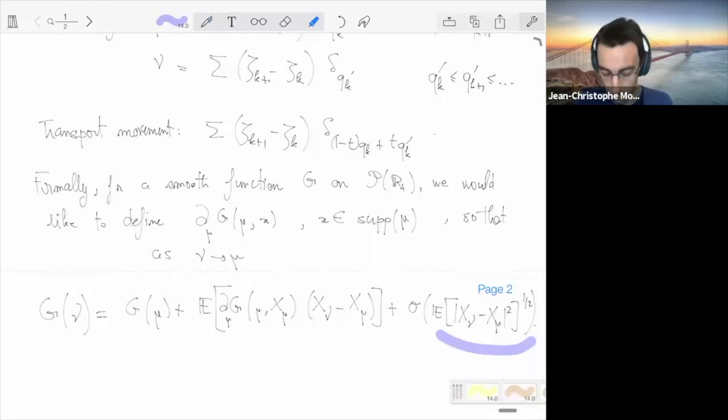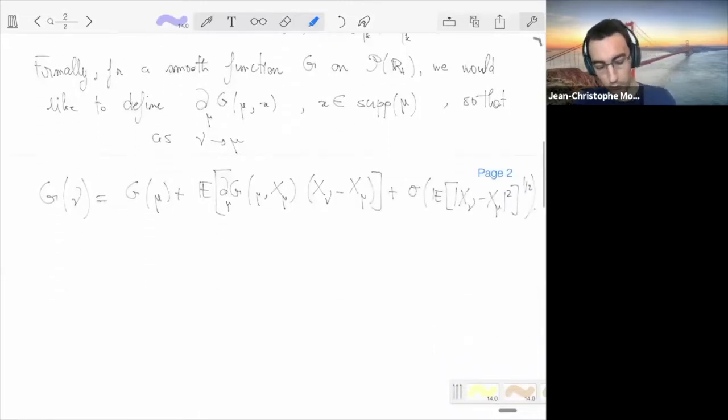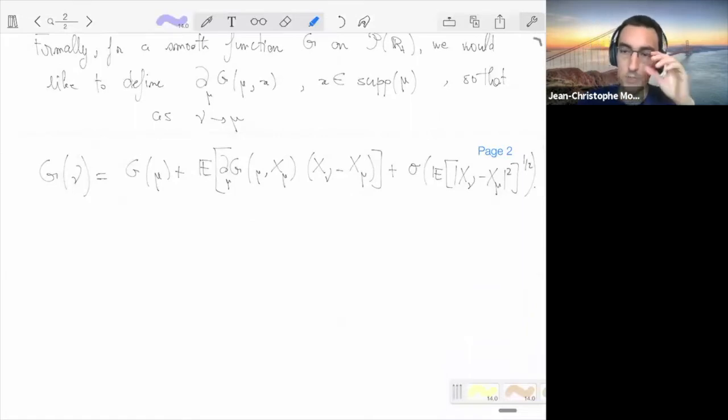Okay, so if you are familiar with it, this quantity here is the Wasserstein distance between the two measures. And I don't actually want to emphasize this very much. It's just to give you some context into why I like this notation with ∂μ of some functional.